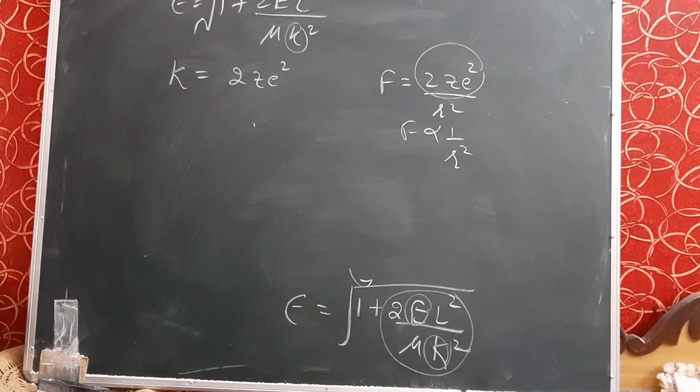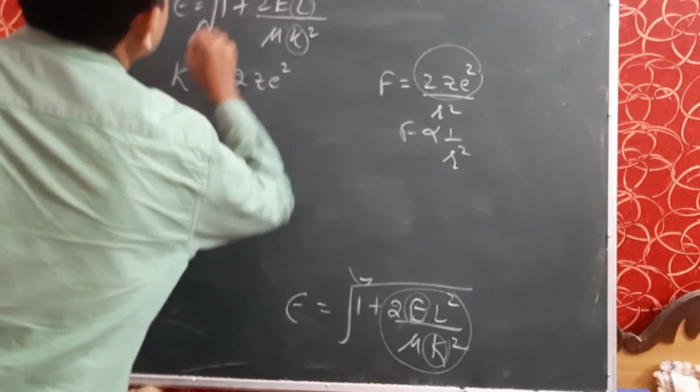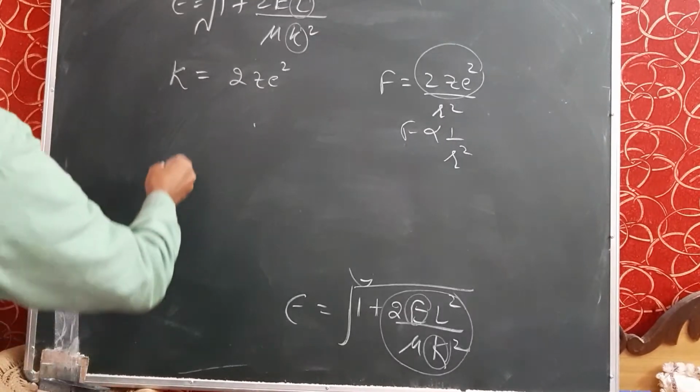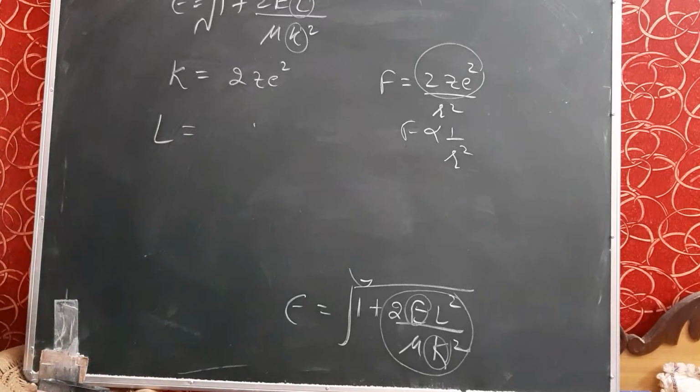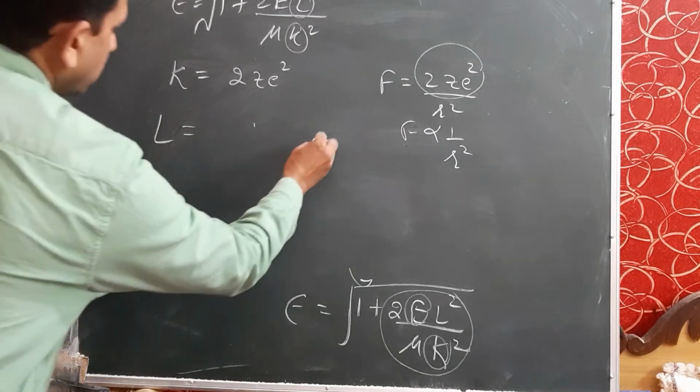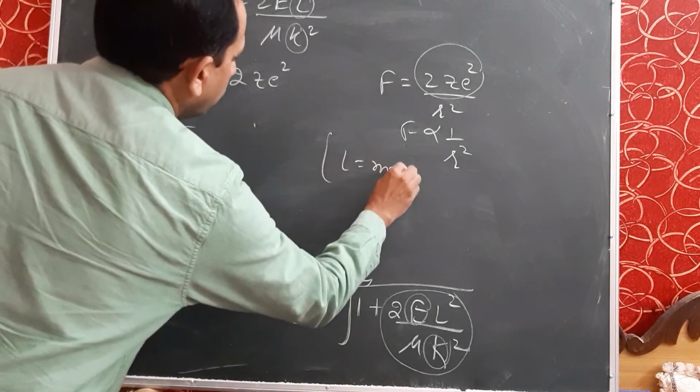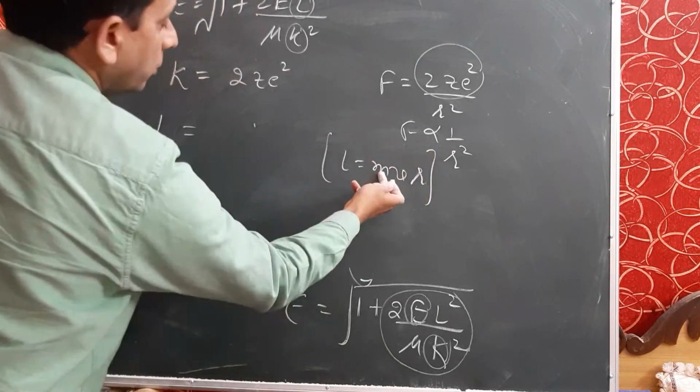And similarly, what is the value of E? E is half mu u square. What is the value of L? L is equal to mvr, angular momentum, linear momentum into r.